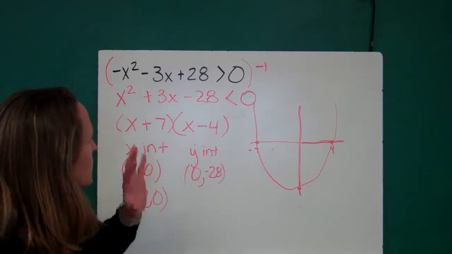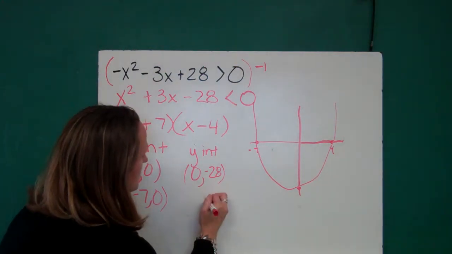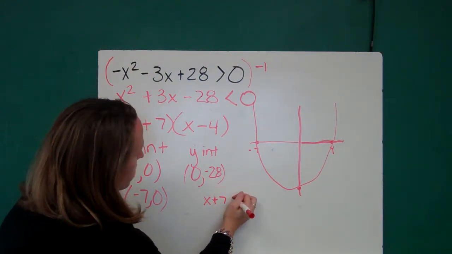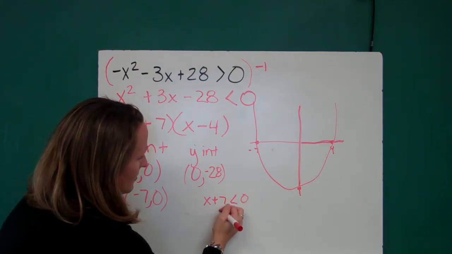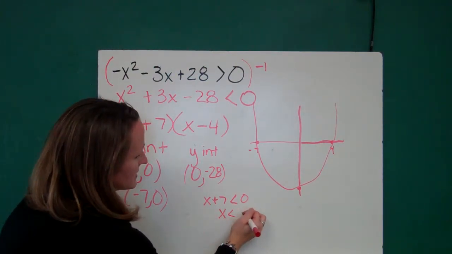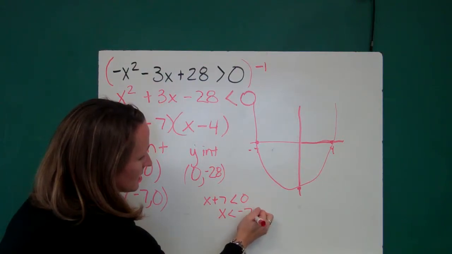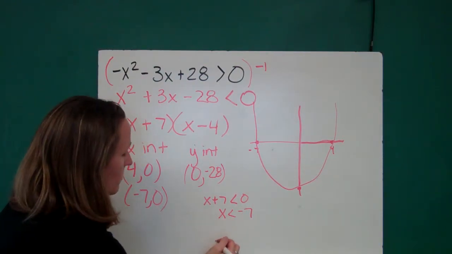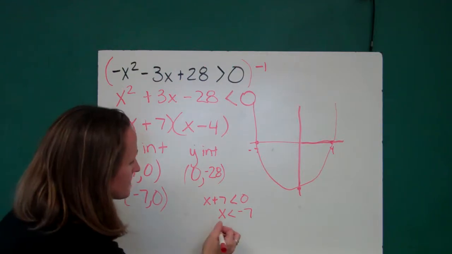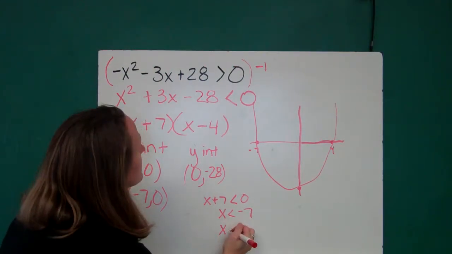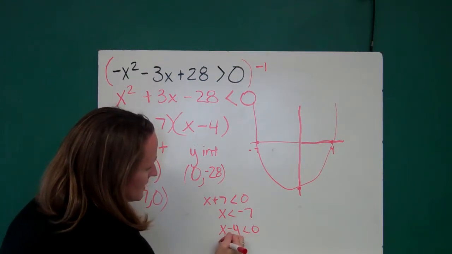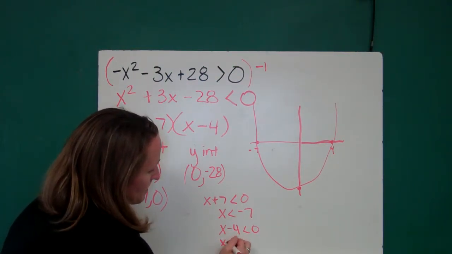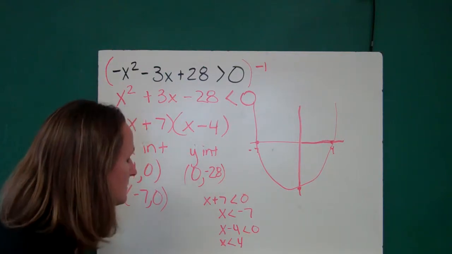Now, here's our question. What makes this true? So, x plus 7, we're going to have x is less than negative 7. And x minus 4, we're going to have x is less than 4.